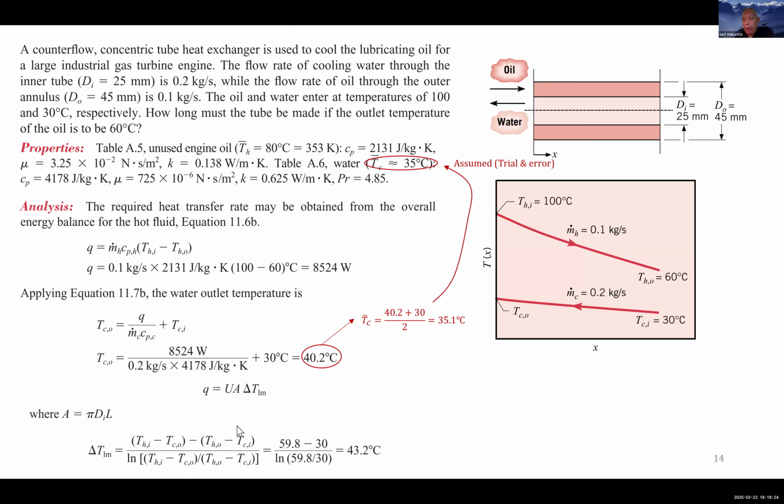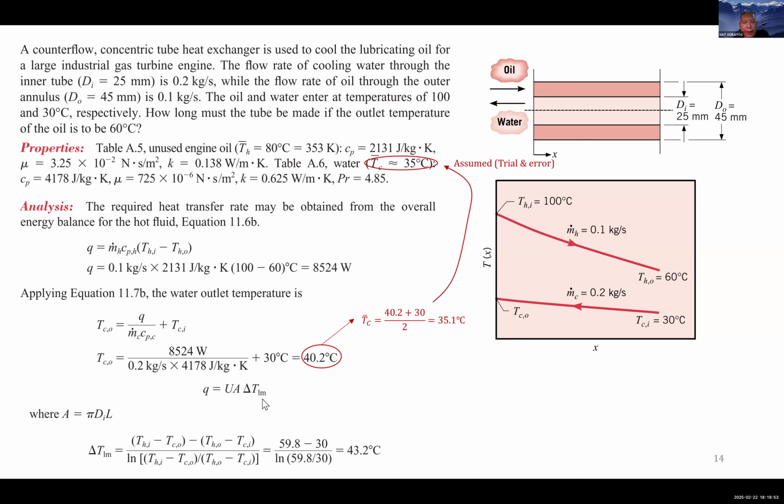So right now at this point, you know all 4 of the temperatures, allowing you to calculate the log mean temperature difference. Okay, so the log mean temperature difference is specified by this. You need THO, THI, TCO, and TCI. You just substitute everything in, and you're going to get the log mean temperature difference.